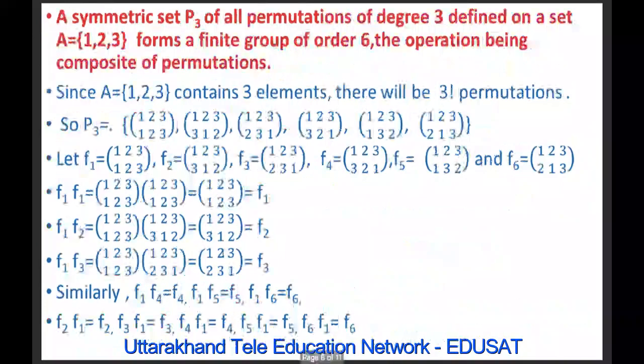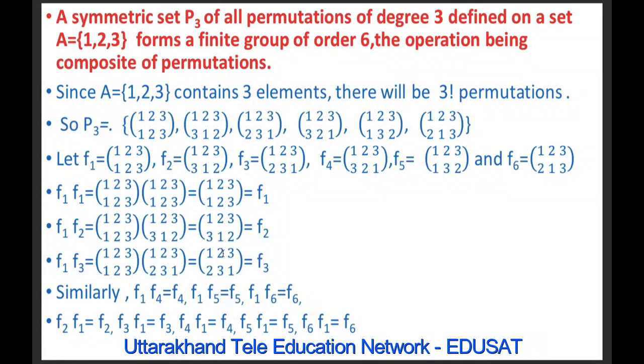Now we will show that the symmetric set P3 of all permutations of degree 3 defined on a set A equal to 1, 2, 3 forms a finite group of order 6, the operation being composite of permutations. We are given a set A equal to 1, 2, 3. It contains 3 elements.